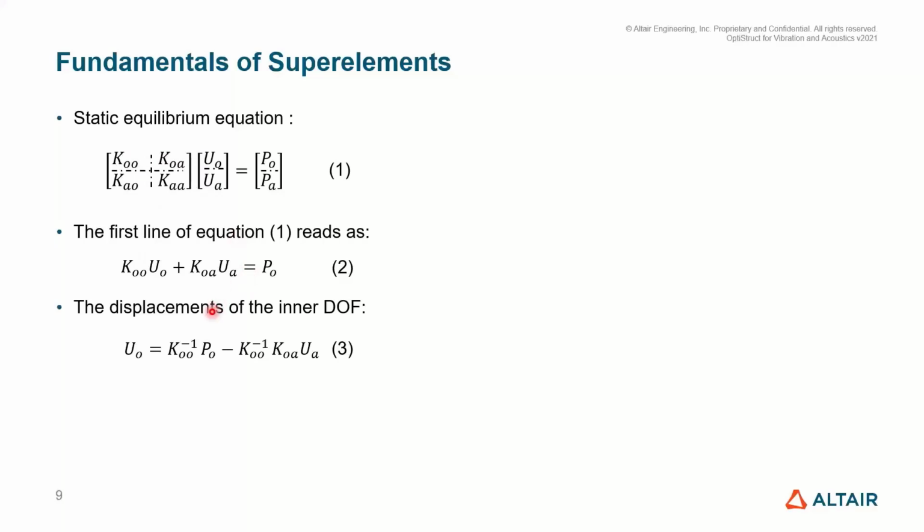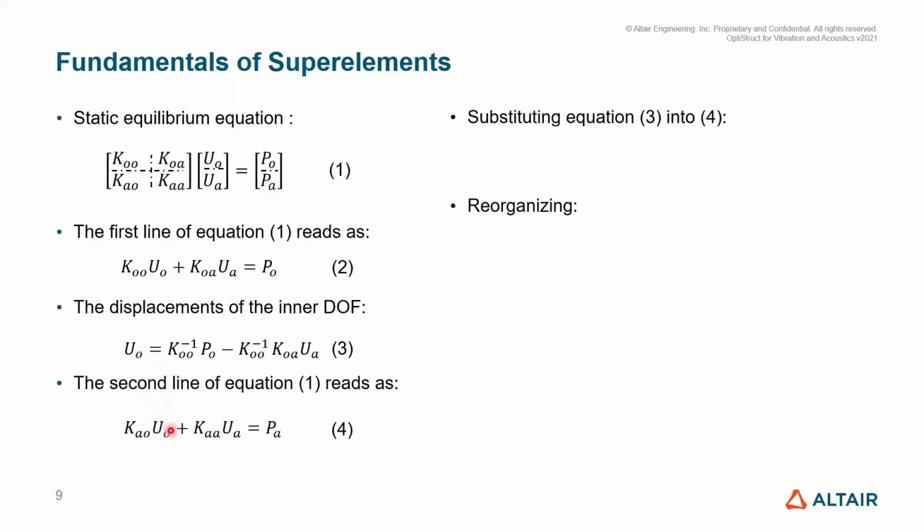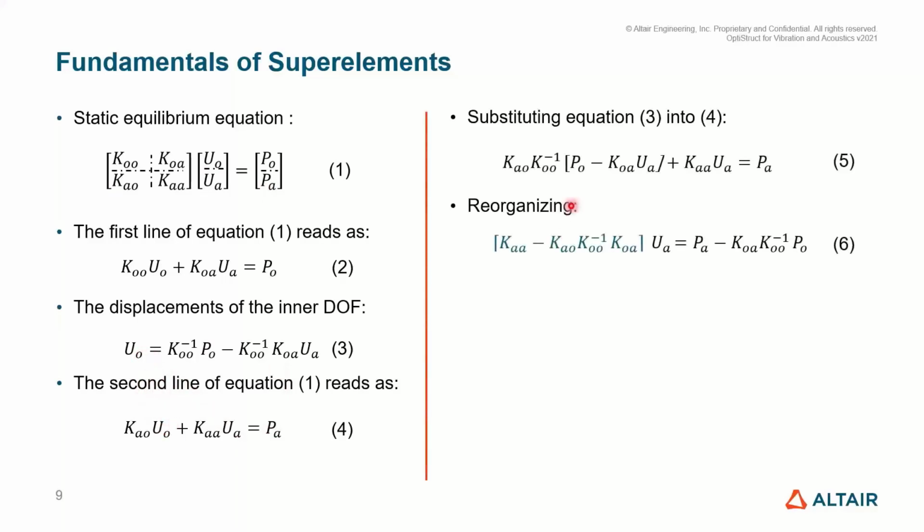Reorganize it, then we can achieve the inner degrees of freedom displacement UO equals the right side. And the second line, this times this equals PA. Then let's plug UO into this equation and reorganize it to obtain an expression in this way.